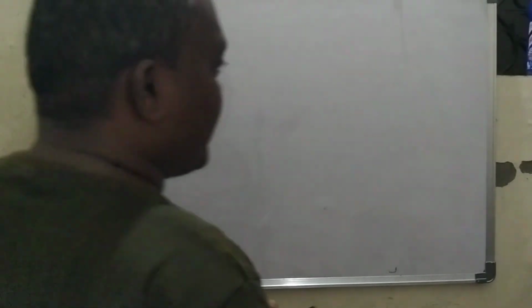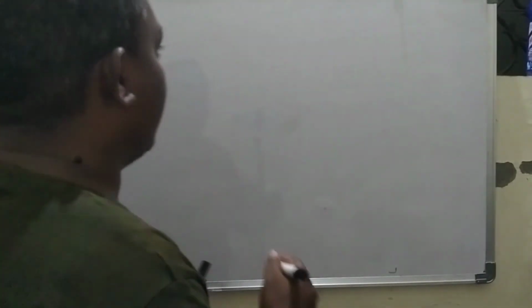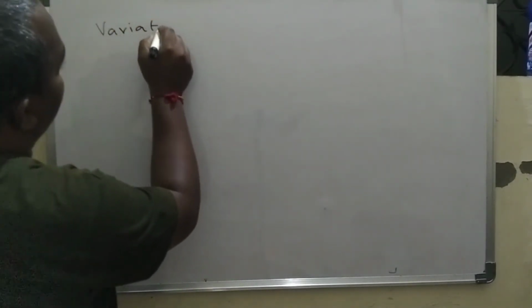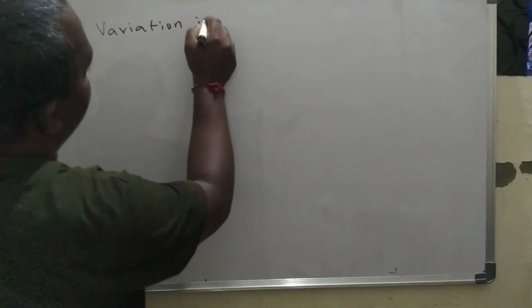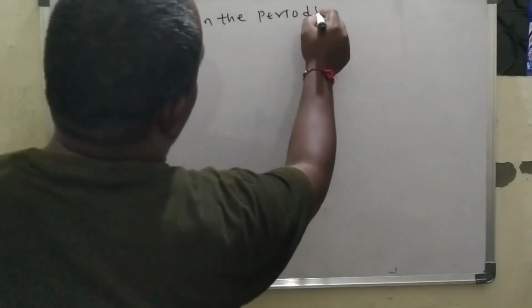Now we will look at the variation of metallic and non-metallic properties in periods and groups. First, the variation in the periods.